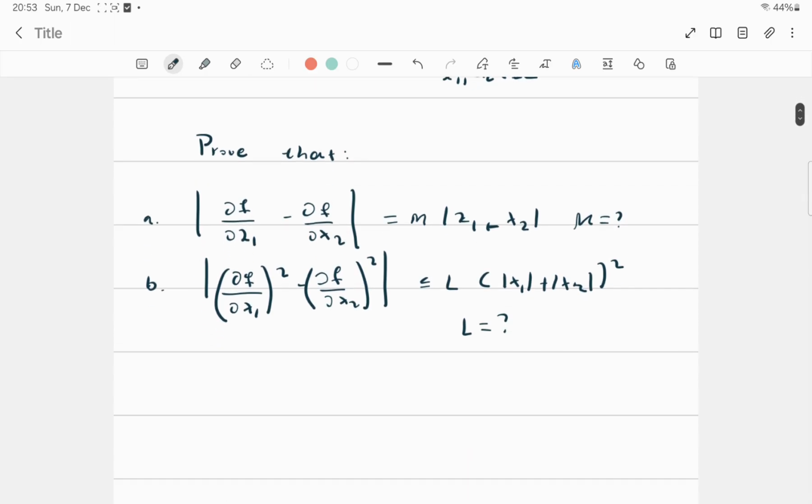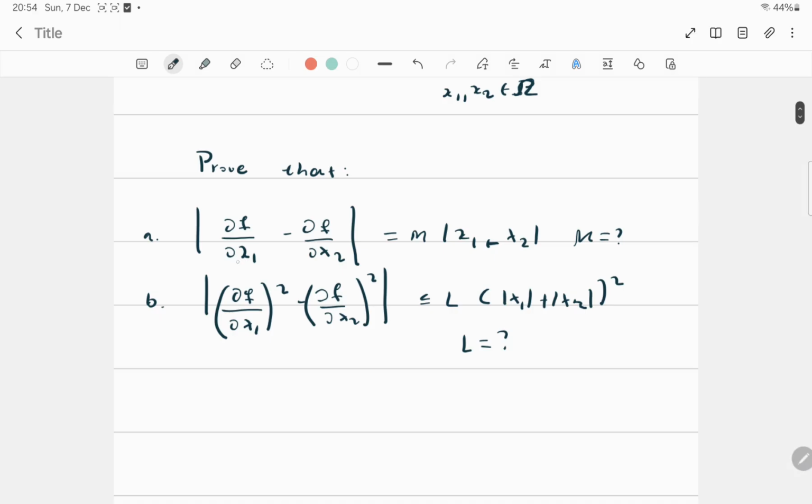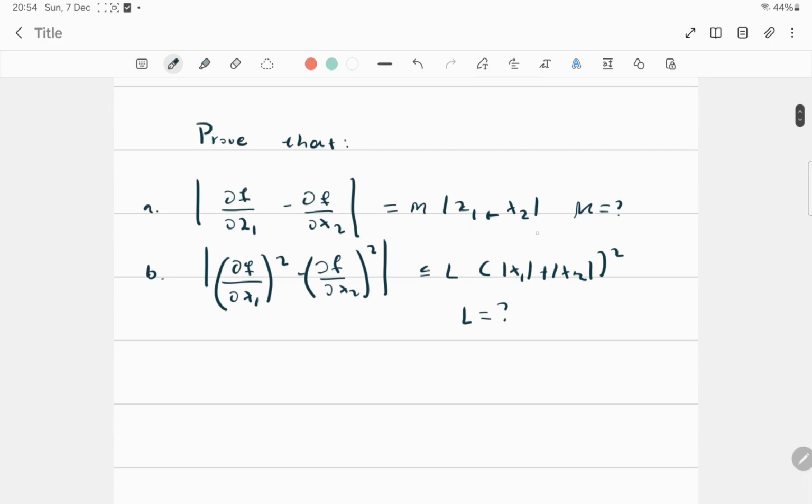What needs to be proved here is the first result, that the difference between the derivatives of the function with respect to the two coordinates is equal to a constant M times the absolute value of the difference x1 minus x2.